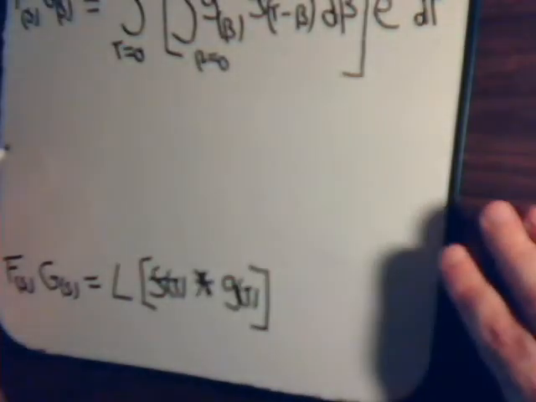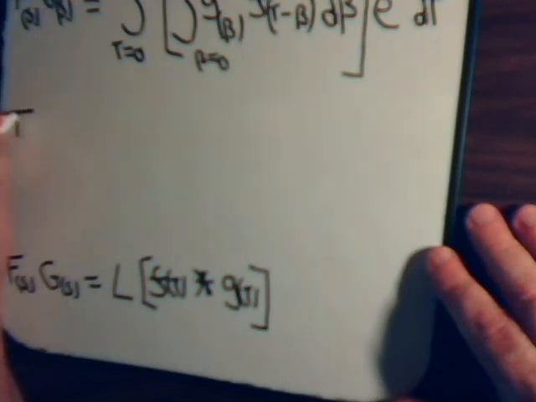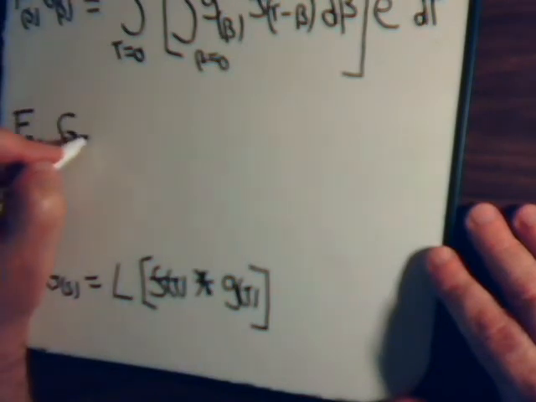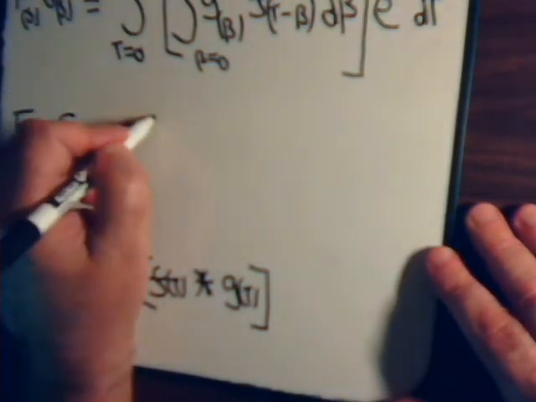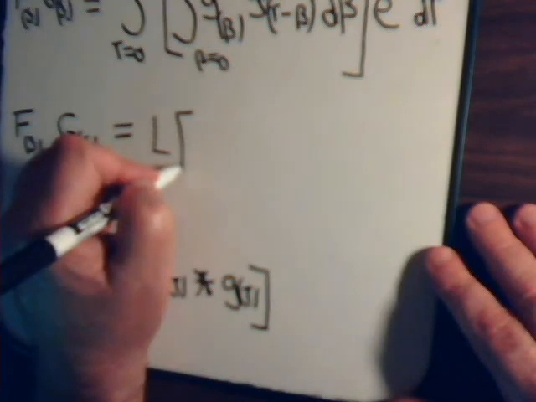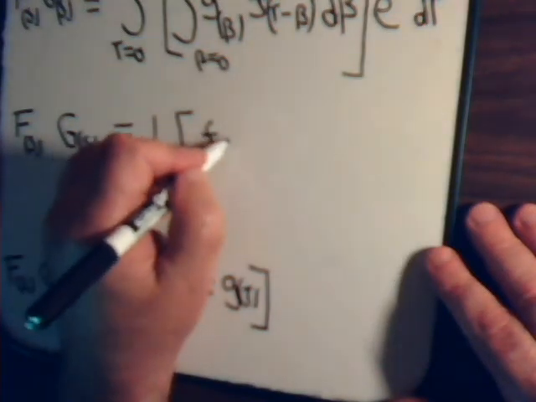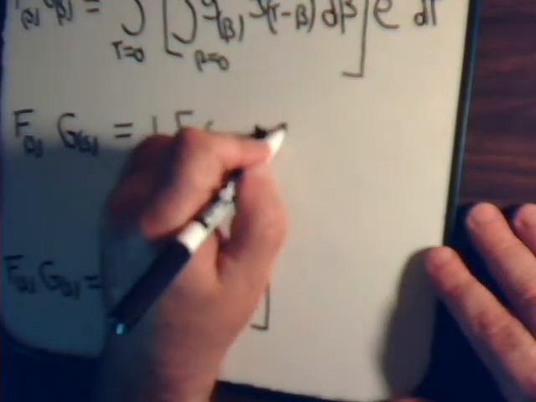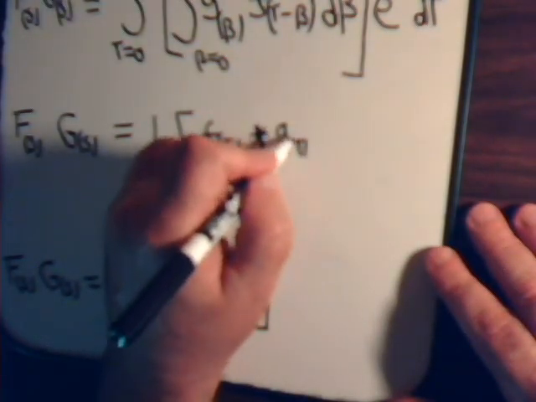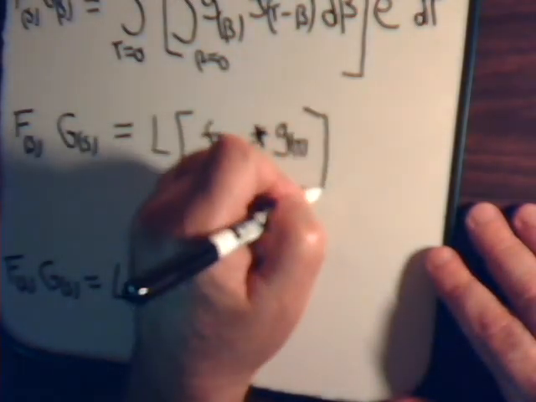Let's write this up here. We have right now f of s times g of s equals the Laplace transform of the convolution f of t with g of t.